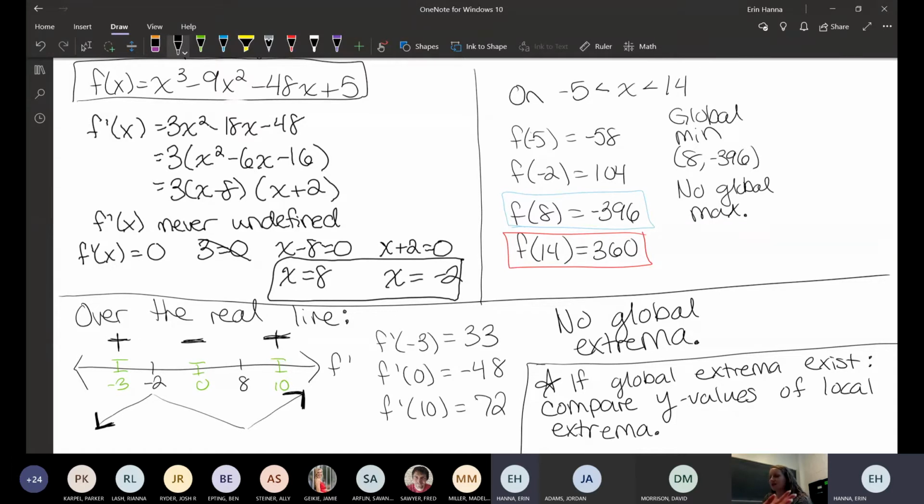Or you can just say, I'm always going to compare all the y values of all the extrema, and that'll take care of it anyway. So that's just over the real line. If you have a situation where you can have extrema, you just have to see which one's highest and which one's lowest, in a similar way to how we did the open and closed intervals.